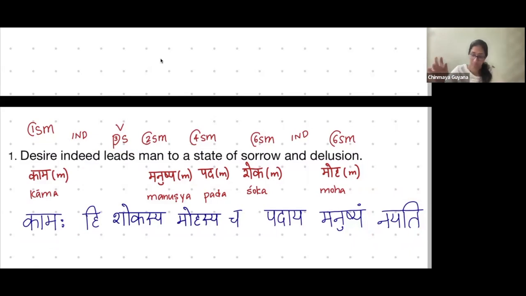Order doesn't matter. Nayati, it leads, then you move backwards. Manushyam, man. Padaya, to a state. Shokasya mohasya cha, of sorrow and delusion. Traditionally, you'll see the cha at the end of the list, but if you had put it inside the middle, also no problem.